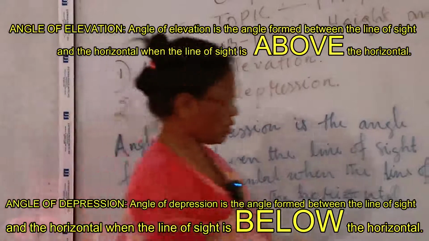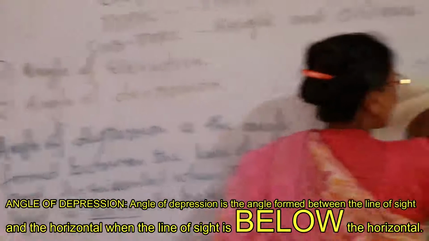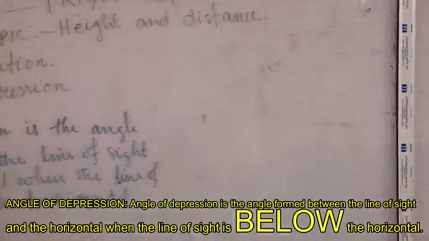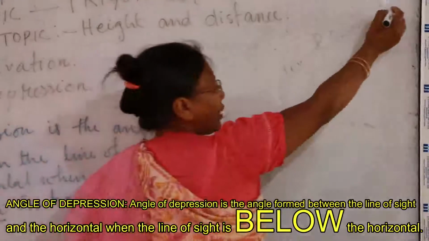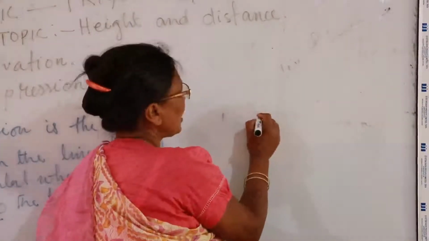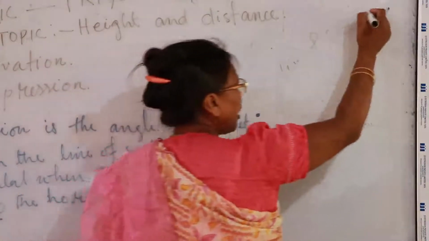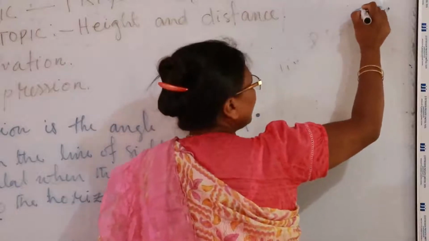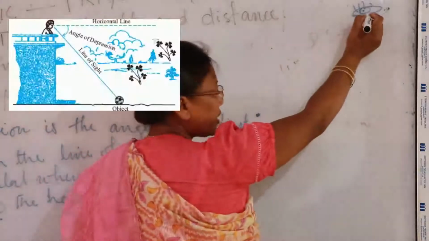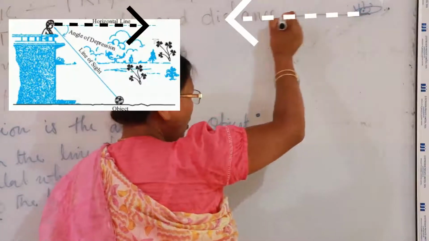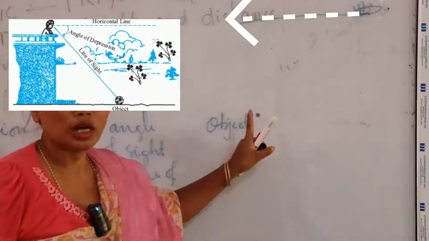Now let's see what is the angle of depression again with diagram. Here it is mentioned about below the horizontal. That's why our eyes will be at the upside, then the object will be down. Suppose it is the object. If our eyes are here, then we are going to look down. This part is the horizontal with our eye. Then we look down to the object.